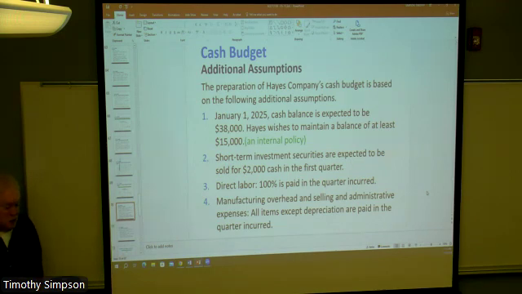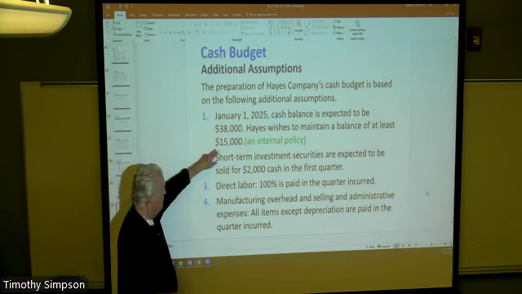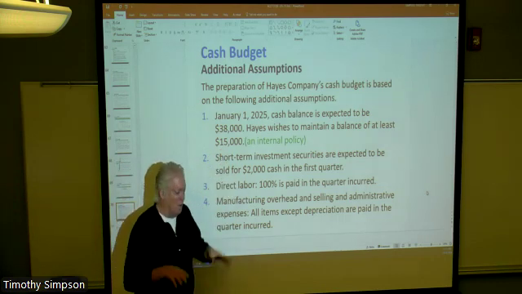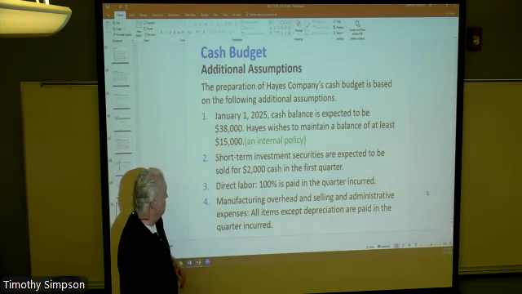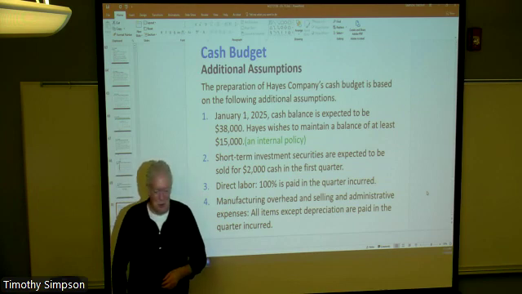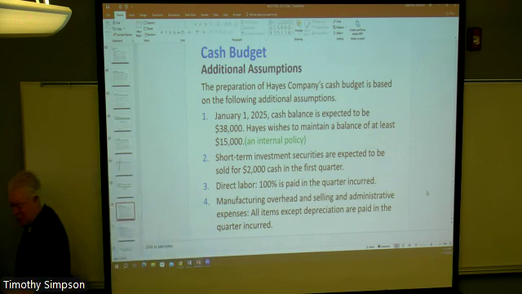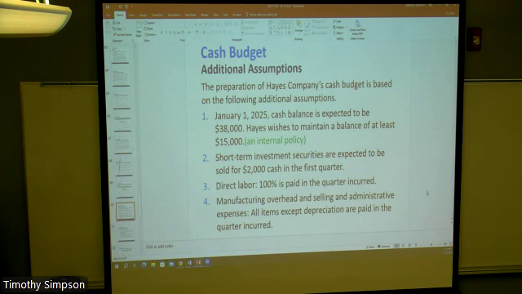In the case of business, maybe some piece of machinery needs to be replaced, and it's got to be replaced right now. And so, a minimum cash balance is a policy. Again, the 15,000 figure is obviously reduced to make it a little bit easier to work with. But again, if you want to slap some zeros on there, that might be the case. But the point is, that cash is going to fluctuate, and if we don't meet that, we've got to find a way to get to that.